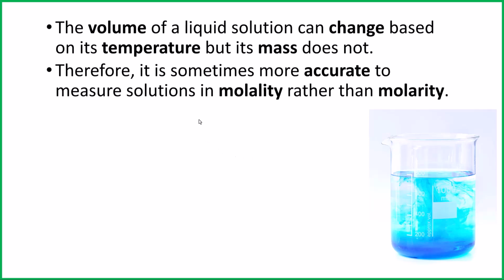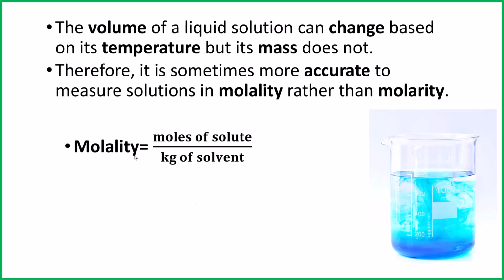So it's sometimes more accurate to measure the solution in molality rather than in molarity. So molality accounts for the mass of the solution rather than using the total volume of the solution, which is a little bit more susceptible to changes based on temperature.